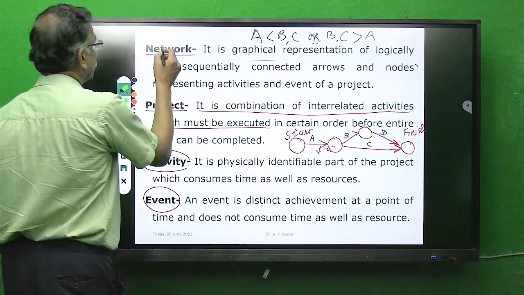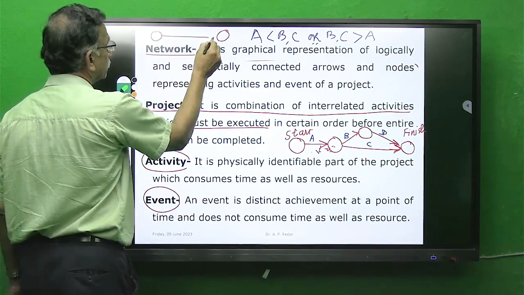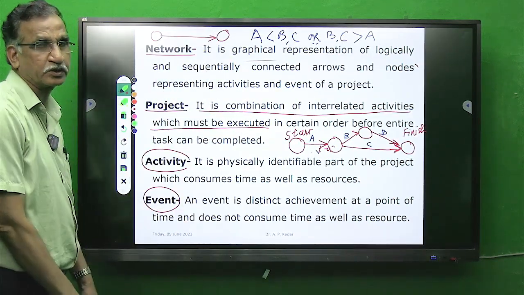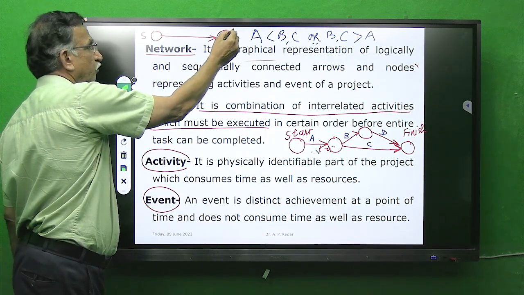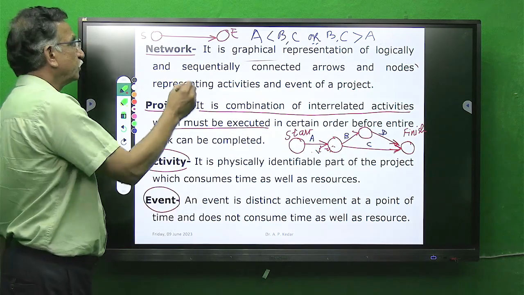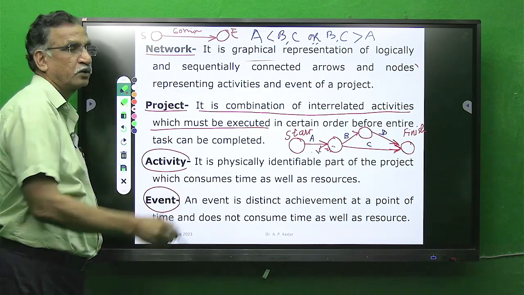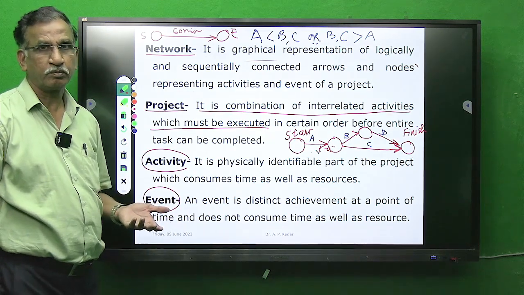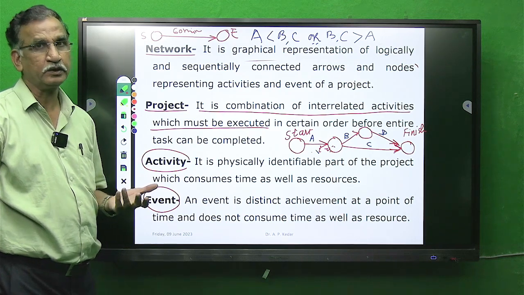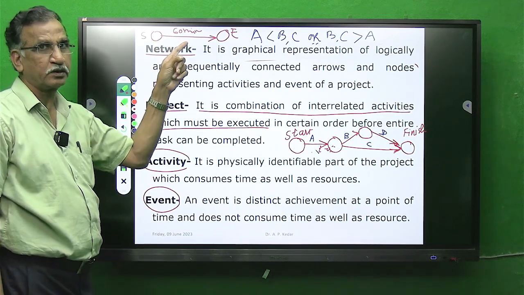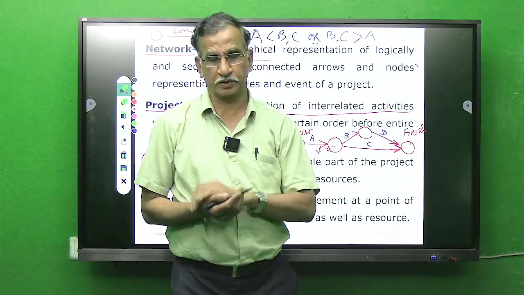Suppose I want to represent here, this is the start, this is the end of the lecture, and this is the time duration where I am delivering my lecture. So this is the start of the lecture, this is the end of the lecture. Assuming that the lecture duration is 60 minutes, the time consumed by the activity referred to as taking the lecture is 60 minutes, and the resource used is the energy of the person who is delivering.